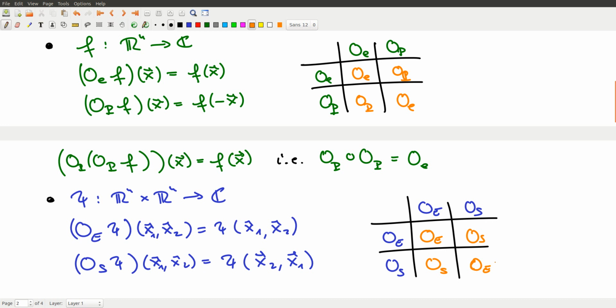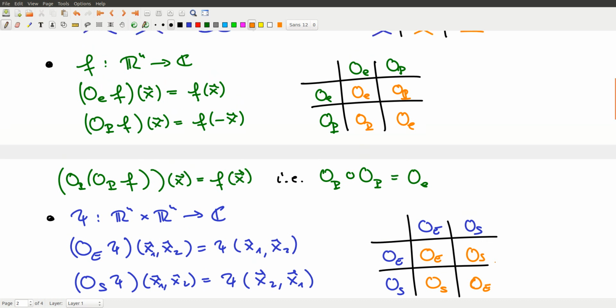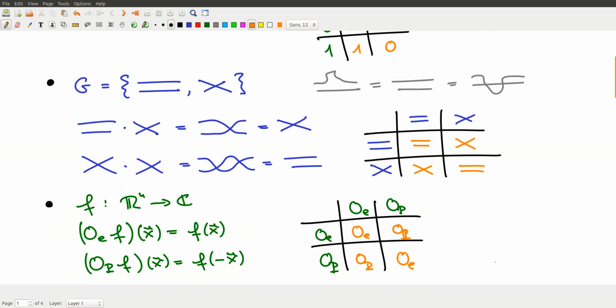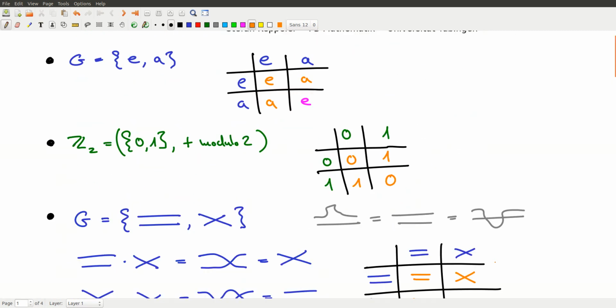So 5 groups with 2 elements, which are all isomorphic. And later we will consider some of these isomorphic groups, not as groups themselves, but we will consider them as representations of some of the other groups that I haven't defined yet, so that's for later.